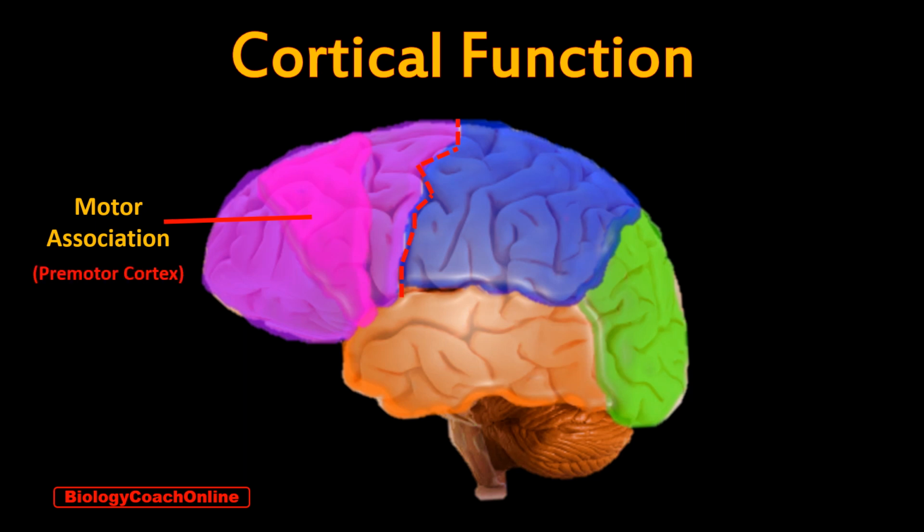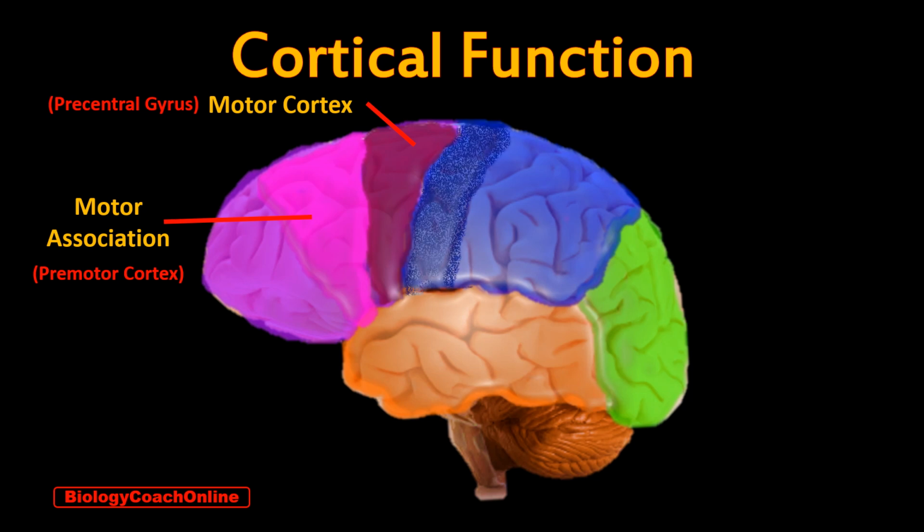The area here is your primary motor cortex. Now because it lies here before the central sulcus, we call it the precentral gyrus. And so the area just posterior to the central sulcus is the primary sensory cortex, and so we refer to this area as the postcentral gyrus.